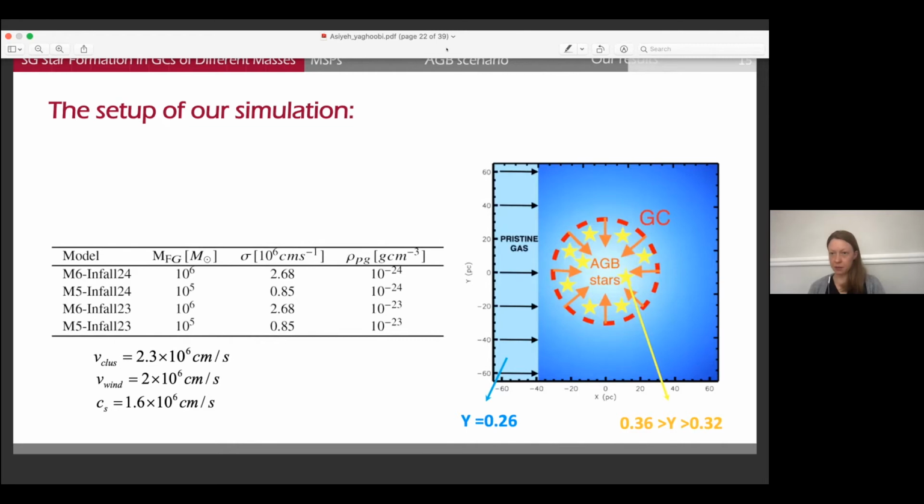There's a raised hand, Francesco? Yes, thanks. Just to add that in these simulations, one important ingredient which is missing is stellar feedback. Its importance is in possibly preventing the accretion of gas from the first generation cluster and preventing fast star formation essentially.